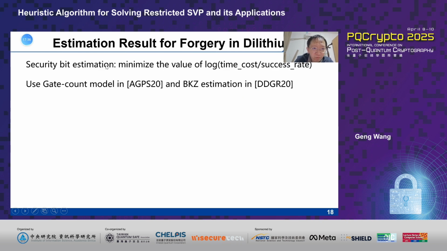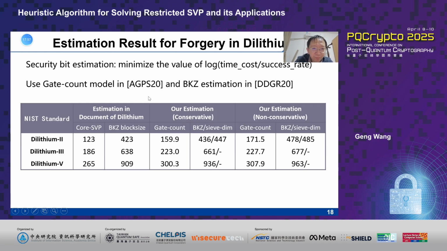Next, we give the estimation result for forgery in DSM, where we minimize the value of the logarithm of time cost over success rate, and we use the gate count model and PQC estimation from existing works. We give two estimations.